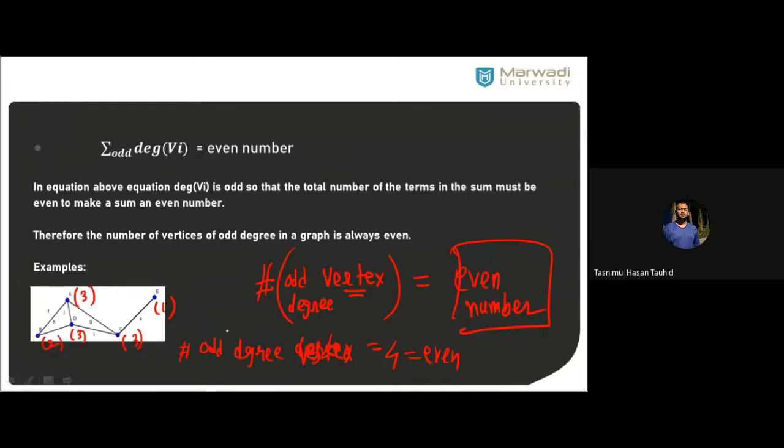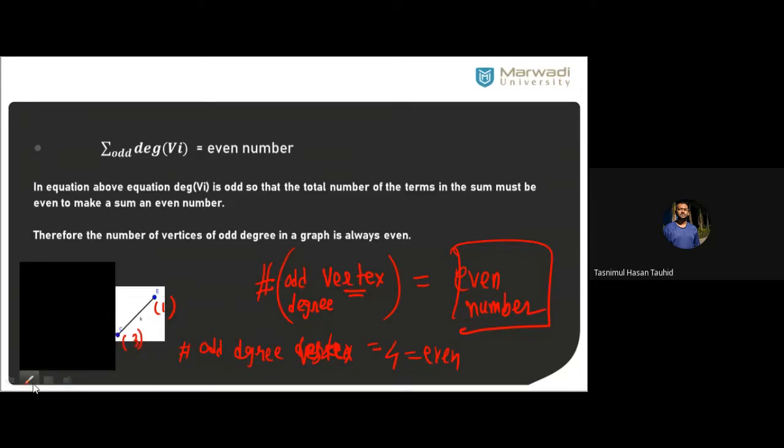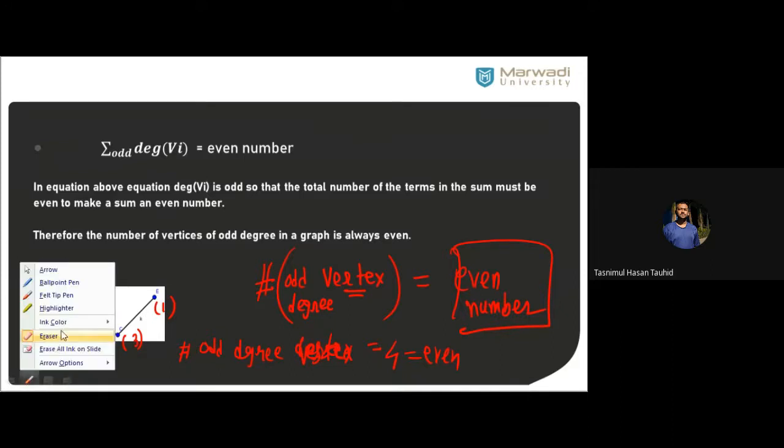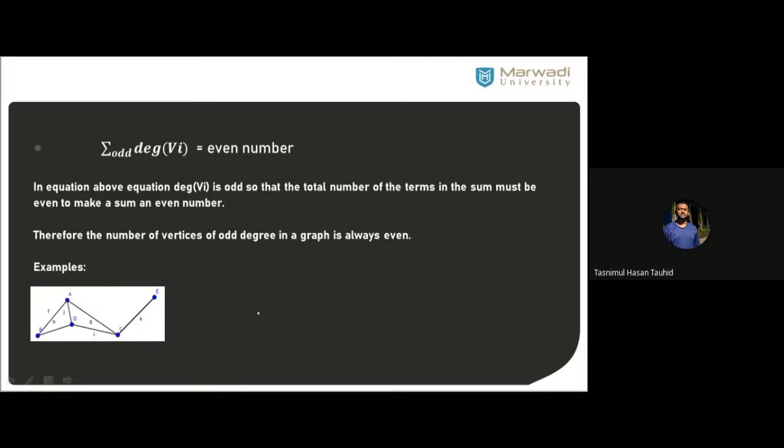All right, this is the first question, and the second question is for you. Check the number of odd degree vertices, tell me the total number of odd degree vertices here, and whether the second theorem of graph theory is satisfied or not. Is it not visible?